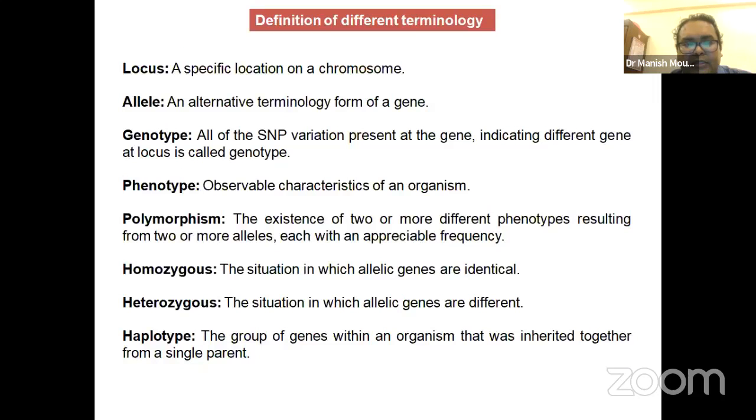Now there is certain terminology which is frequently written in a report, like locus. Locus is a specific region where we are deciding the multiple forms of antigen present. An allele is an alternate form of a gene. Like if height is one characteristic, then how tall a particular person is, is decided by a height gene.